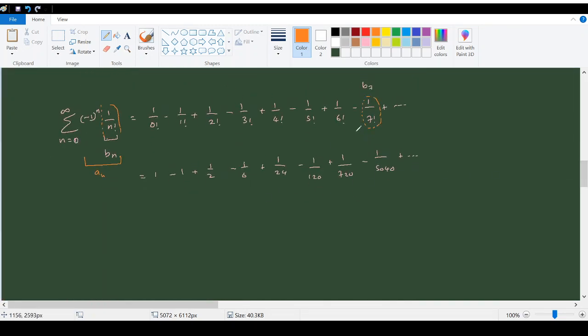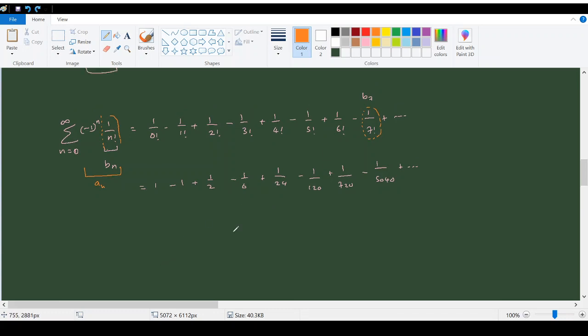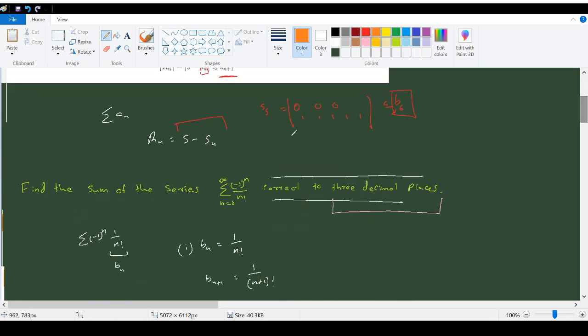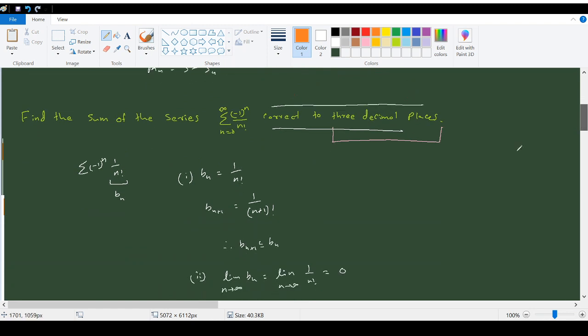Okay, so what does it say? The alternating series estimation theorem says that we have this relationship for the value of Bn plus 1, if the given conditions are satisfied, and we already saw that the given conditions are satisfied for this series, right?